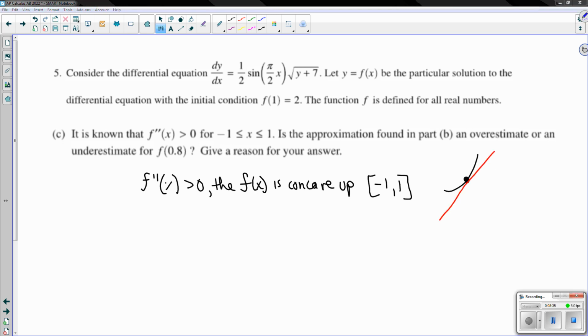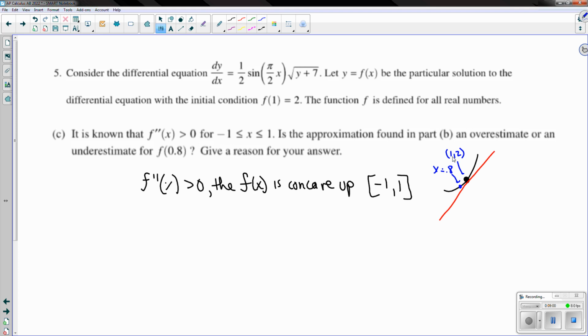When you have a curve that's concave up, and you have a tangent line running to a point, and we're using that tangent line to make an approximation. Now this point was at (1, 2) on our curve. We're trying to approximate 0.8, which would be a little bit to the left. So that point there has an x value of 0.8.